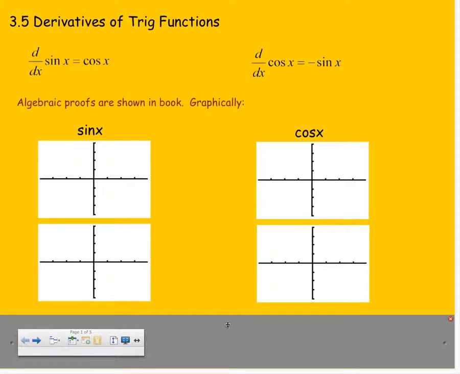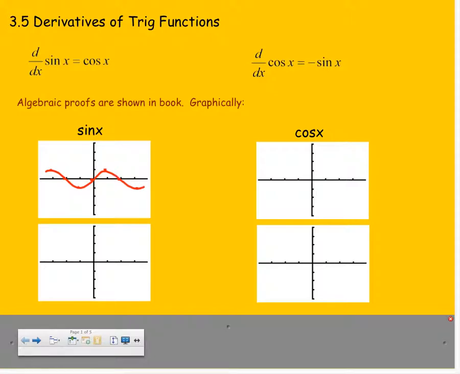The first thing I'm going to do is graph sine. So when I graph sine, I know sine goes through the origin. Oh, I'm crooked. And then it goes up one, down one, down one. I'll have to reorient this thing. So the graph of sine looks a little bit like this. Okay, that's the graph of sine.